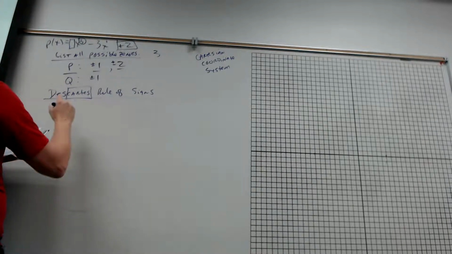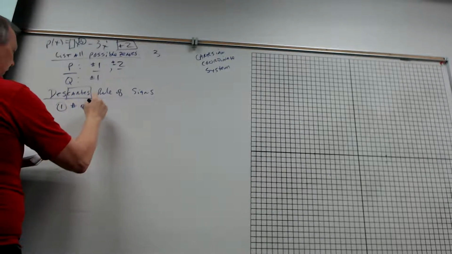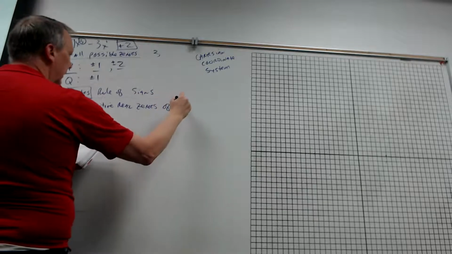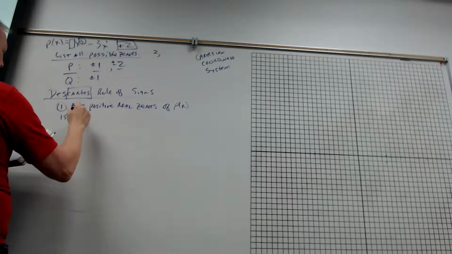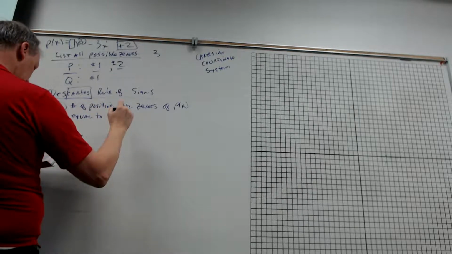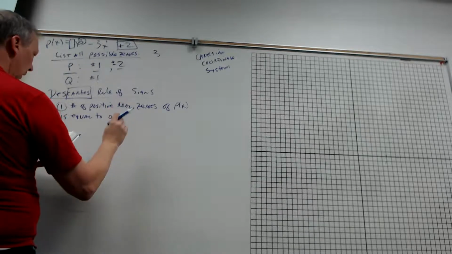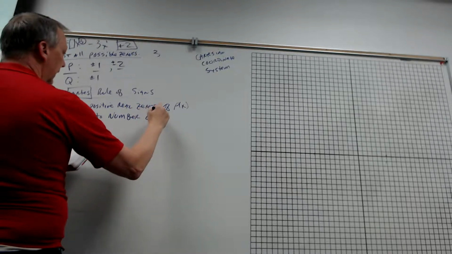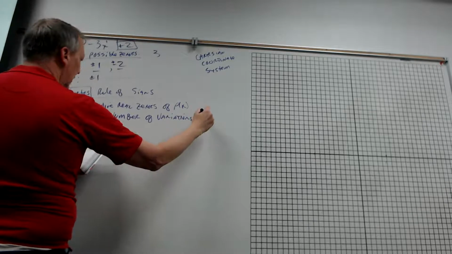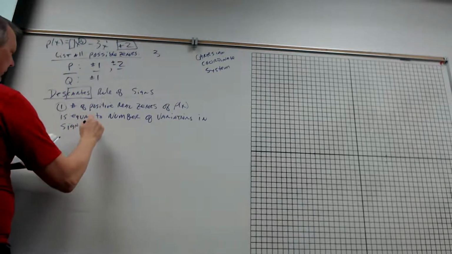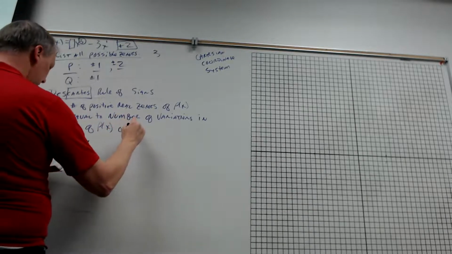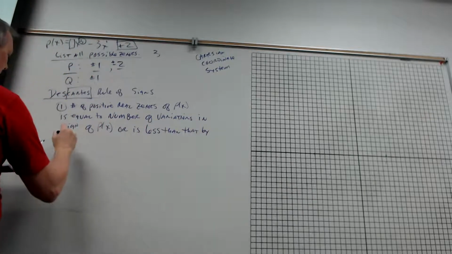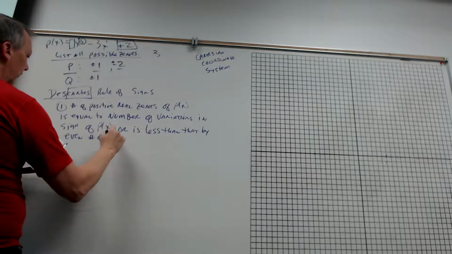Rule number 1: the number of positive real zeros of P of x is equal to the number of variations in sign of P of x, or is less than that by an even number of zeros.